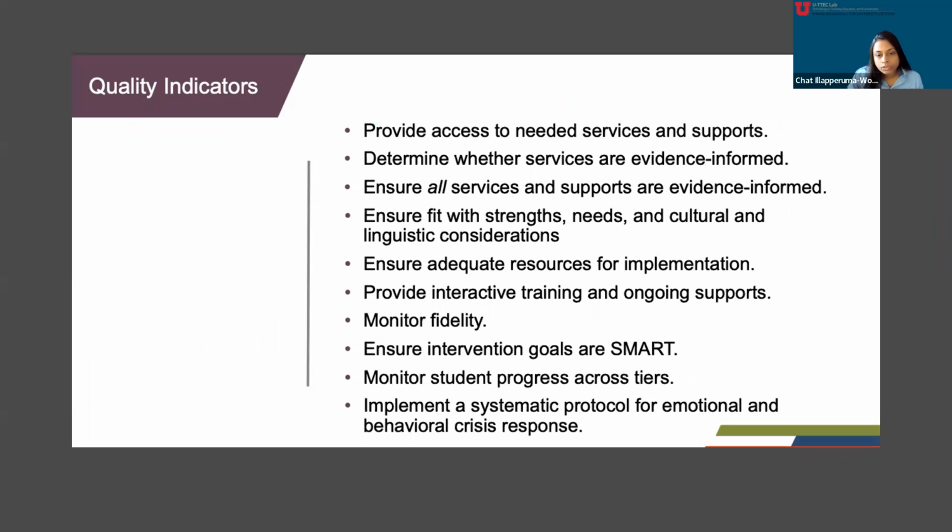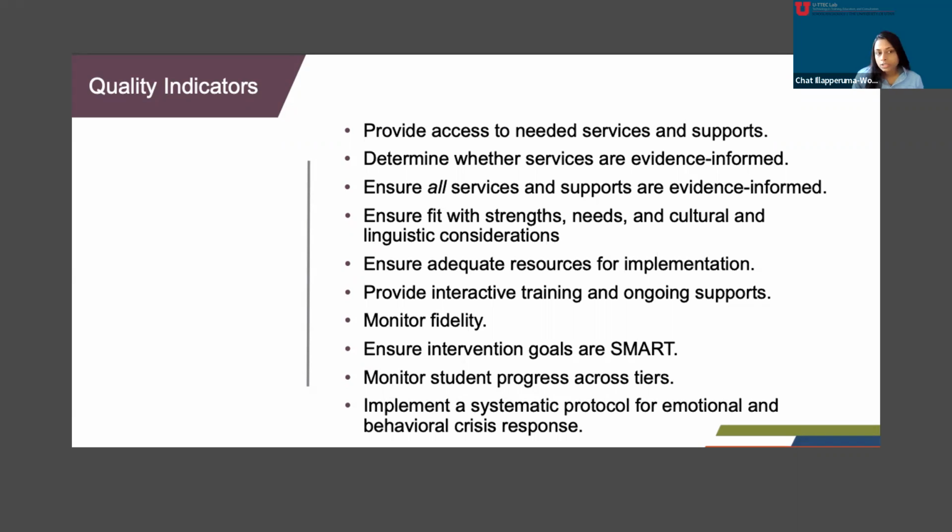All right, so switching gears a little bit, we spoke about quality indicators, and quality indicators look at aspects that you want to strive to comply with or achieve when you are providing these services in your schools. The more quality indicators you have, of course, the better quality your programs are.